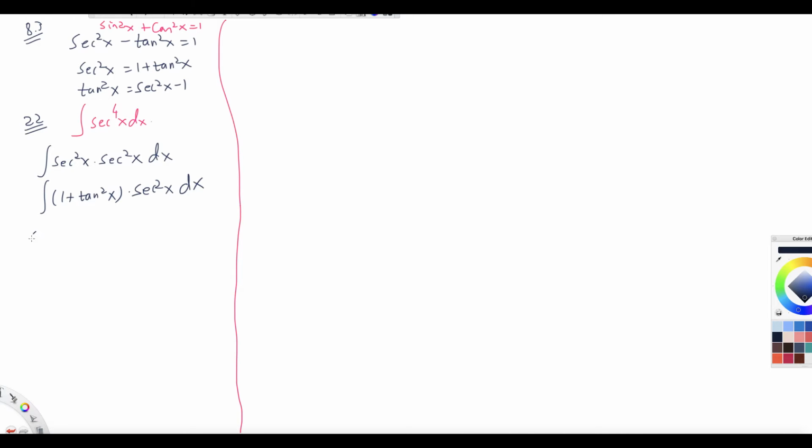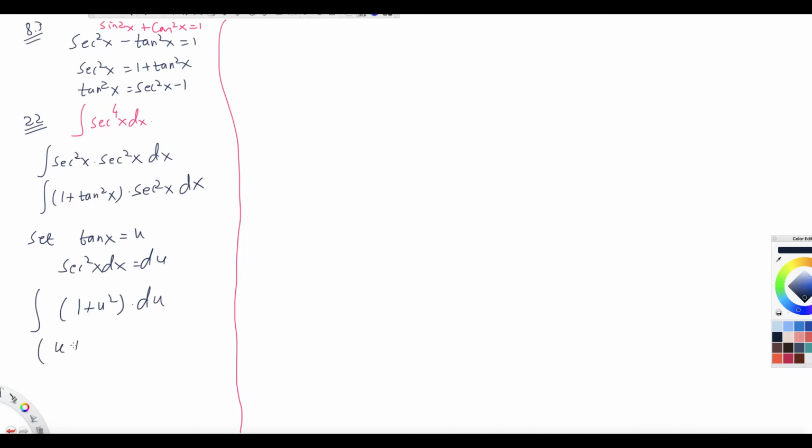So what I'm going to do is set tangent x equal to u. What is the derivative of tangent? Secant square x dx will be du. So what is the integral? That integral can be written as 1 plus u square times du. You see that? Secant square x dx will be du. So what is the integral of that?